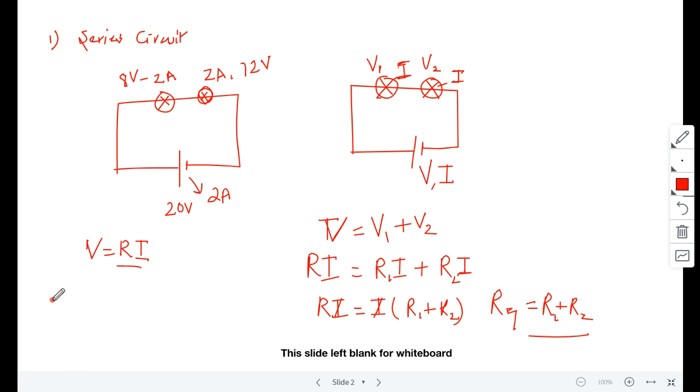Wait, so what's the last equation at the bottom? This one or this one? Yeah, this. Both of them. Okay, so actually it's R multiplied by I equals I, and in bracket it's R1 plus R2. Okay? And since I and I are same, I can cancel that out. Okay, by simple mathematics.